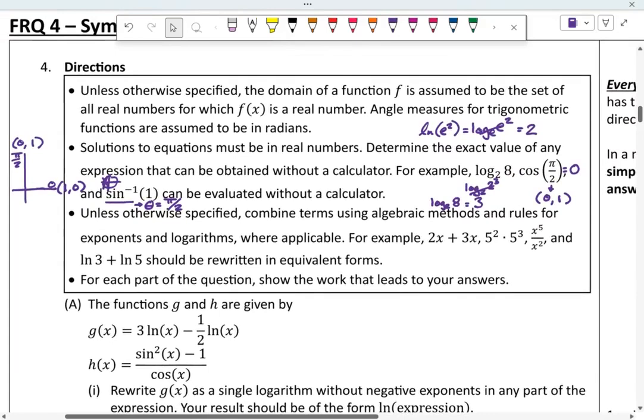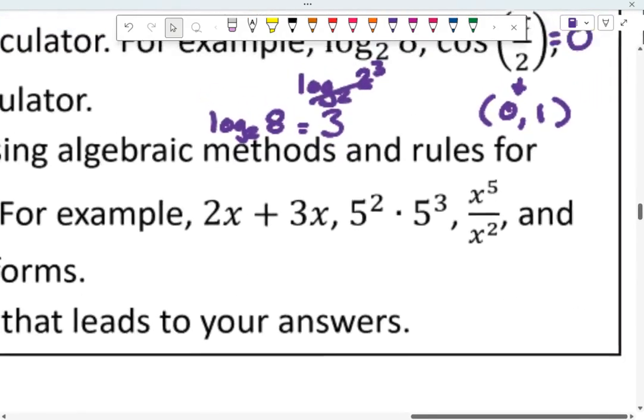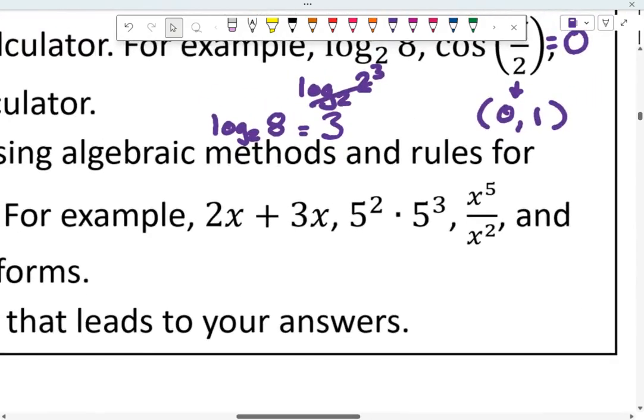Okay, so that's bullet point number 2. Bullet point number 3. Unless specified, combine terms algebraically using algebraic methods and rules for exponents and logs where applicable. For example, we would not leave it as 2x plus 3x. What would that be?